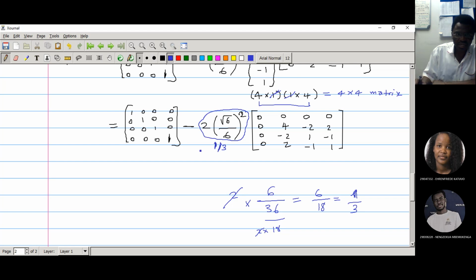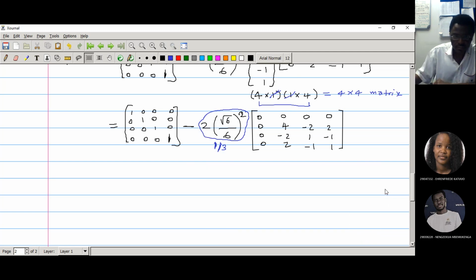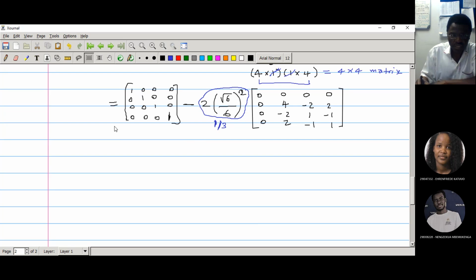So I'm done. What I will do, you remember, because I will be adding this identity to this matrix, so this negative 1/3 multiplies all these entries. Let me do that step by step to avoid confusion.